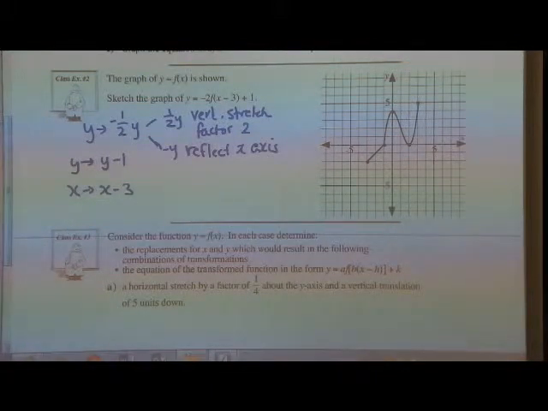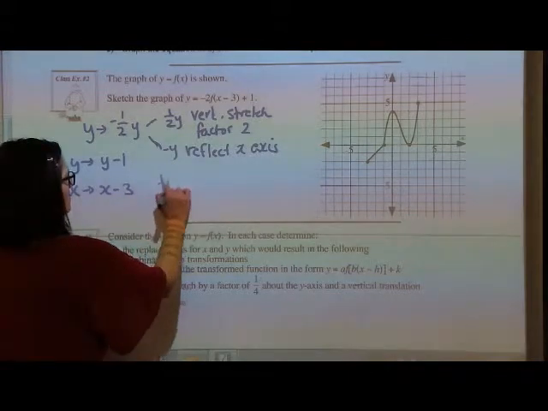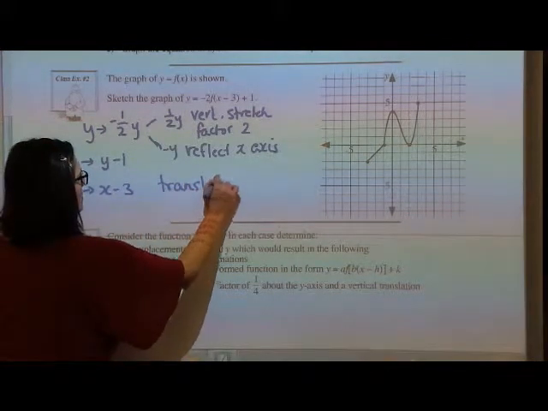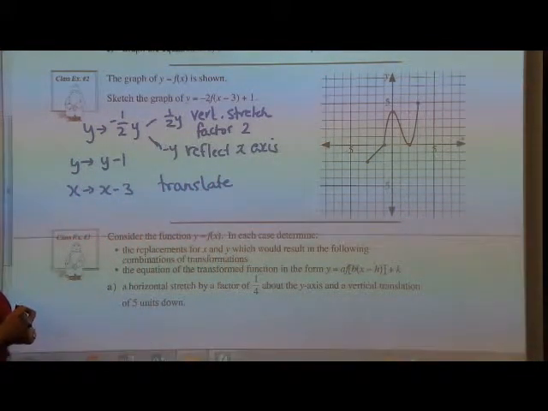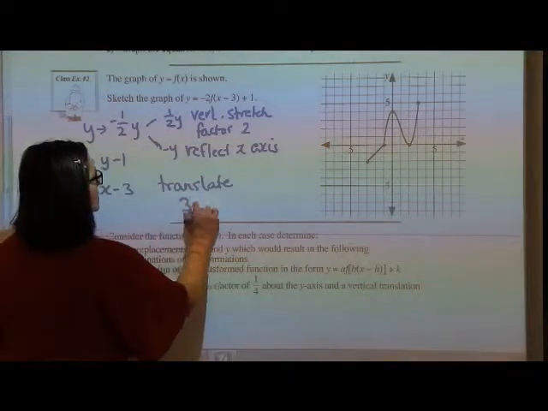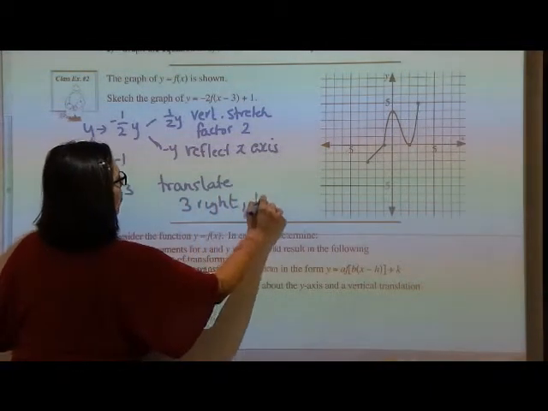And then my x minus 3 and my y minus 1, what will that do to my graph? Move it up 1 unit and to the right 3. Okay, so 3 right, 1 up.